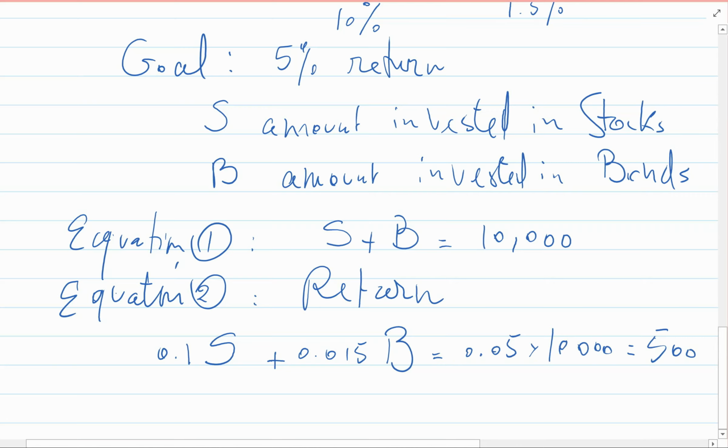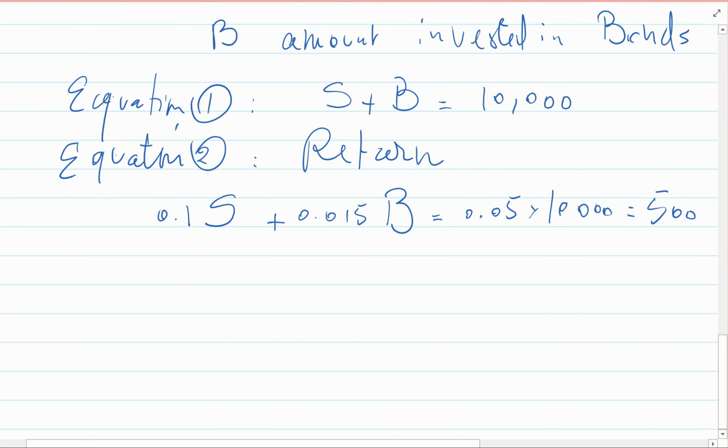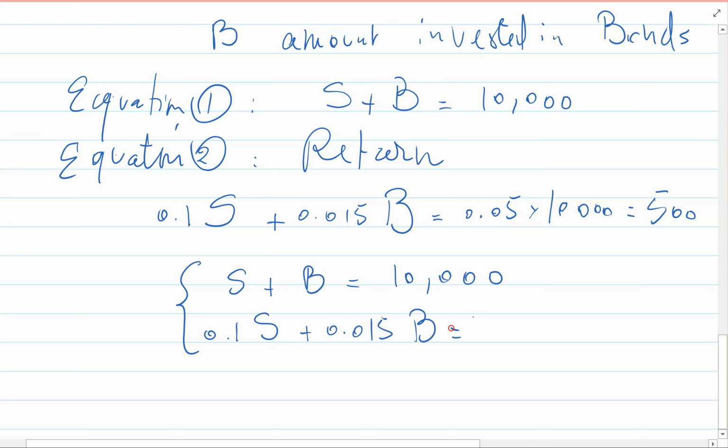So basically, I want to solve, which I will clarify in a second. I have two equations: S plus B equals 10,000 and 0.1 S plus 0.015 B equals 500. So what is S and what is B?